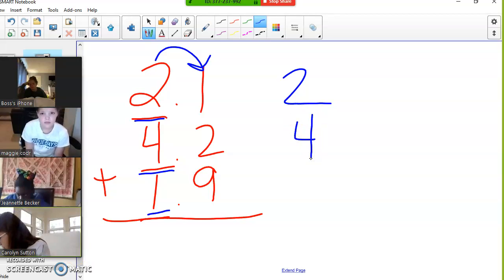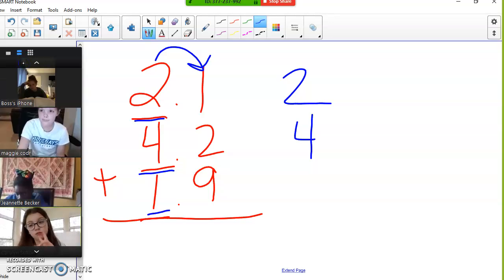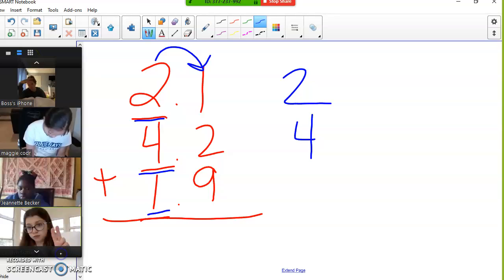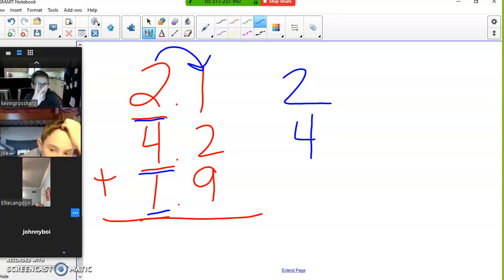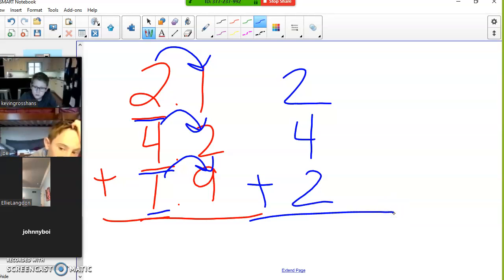Good, and then we have 1.9. Are we going to round it to 1 or 2? I think we're going to round it to 2 because it is 9. And then this one's pretty easy right here. So we have 2 plus 4 plus 2 is 8.